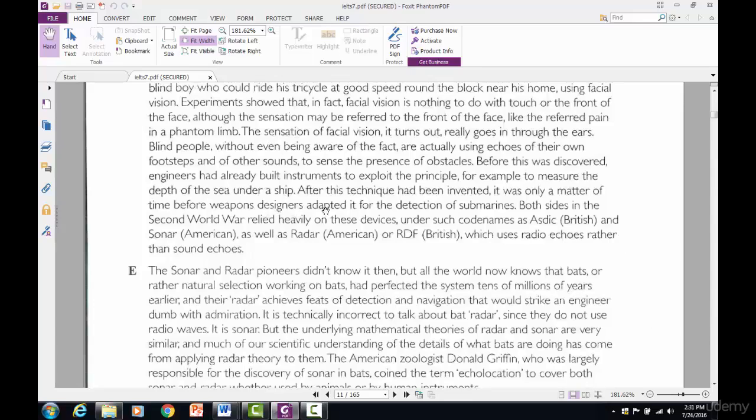"Before weapon designers adapted it for the detection..." Here we go. The word detection is a synonym for the word finding, so the answer is submarines. Finding submarines, detection of submarines. Finding and detection are synonyms, so the correct answer is submarines.